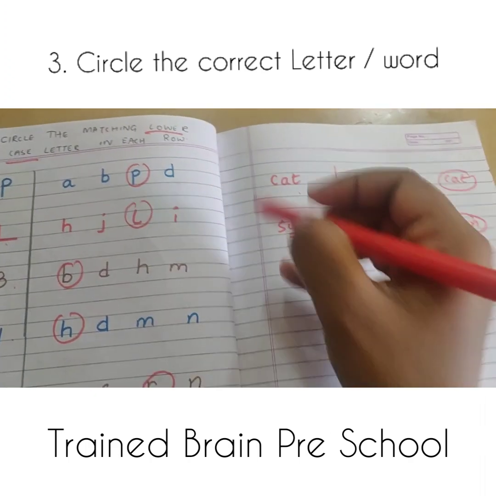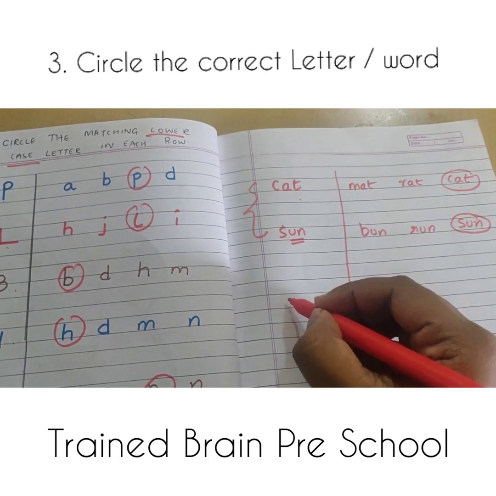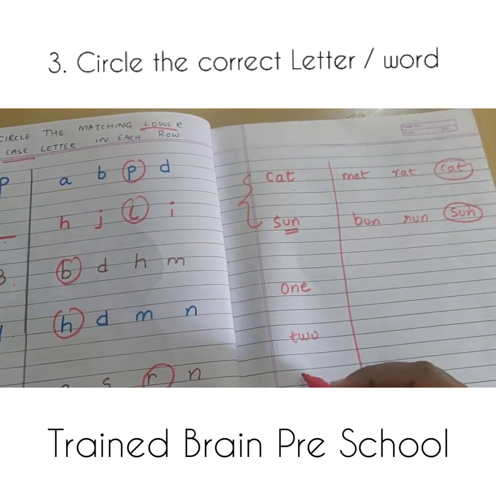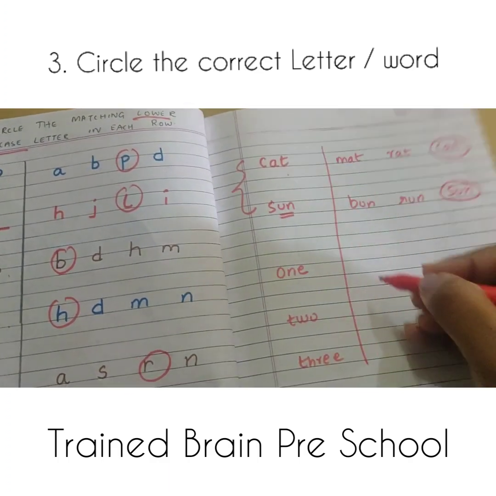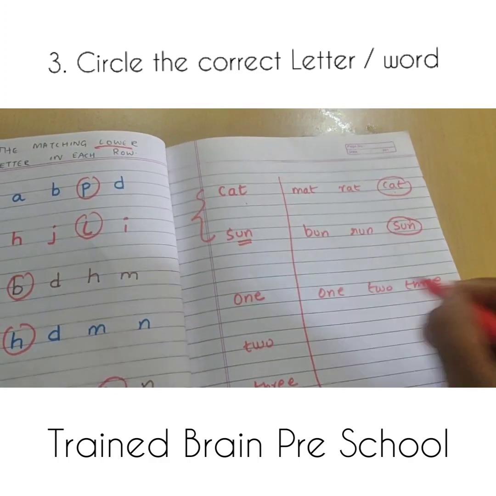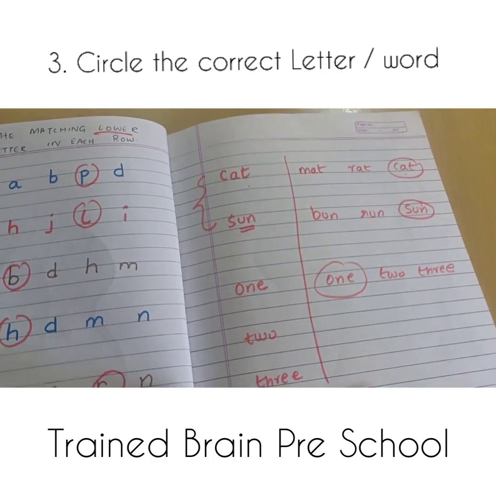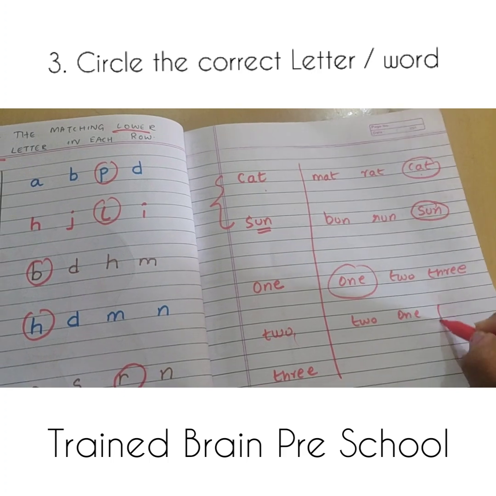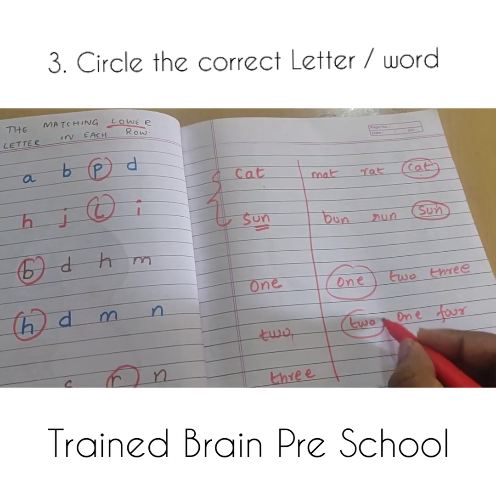So this need not be only for words. You could give them for number names also. If you have introduced number names of 1, 2 and 3 to kids, you could add on 1, 2 and 3. So where's 1? Find out and circle 1. Where is 2? So we could have 2, then 1 and 4 as new words. So find out where is 2.